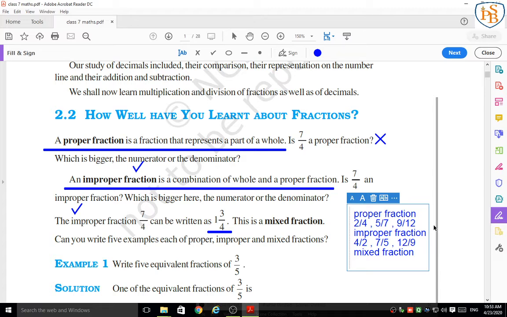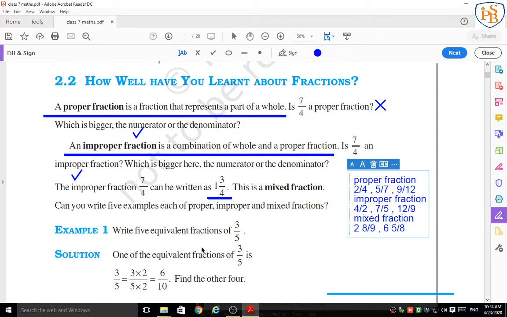How can I write other examples of mixed fractions? Look here, 2 and 8 upon 9, or another example, you can write 6 and 5 upon 8. Like that you can write mixed fractions also.